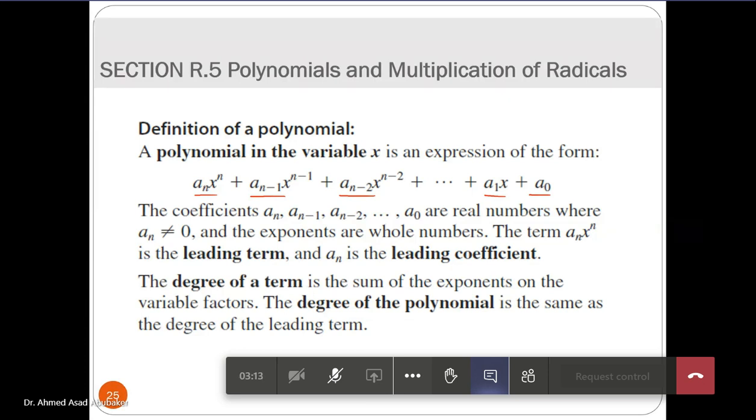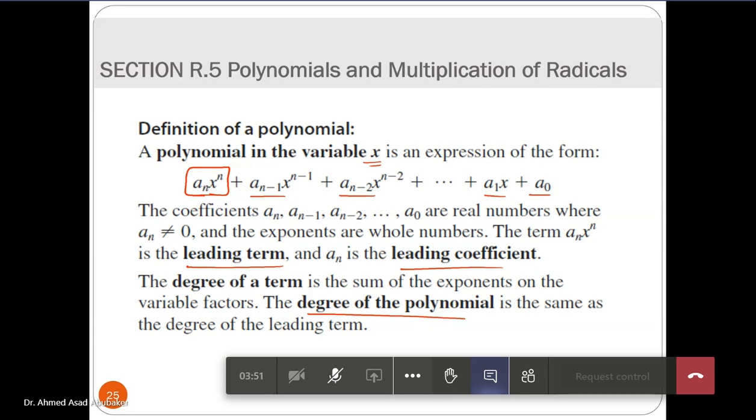Okay, now if you have a polynomial in one variable, for example x, we have the leading term, leading coefficient, and degree of the polynomial. What's the meaning of leading term? The leading term is the one that has the largest exponent, the x with the highest exponent; this term we call the leading term.